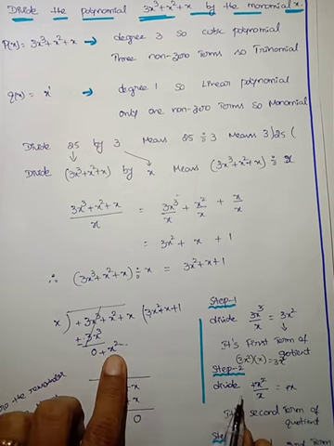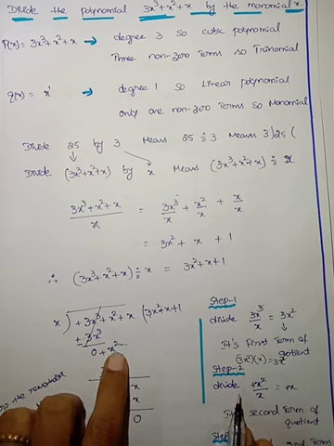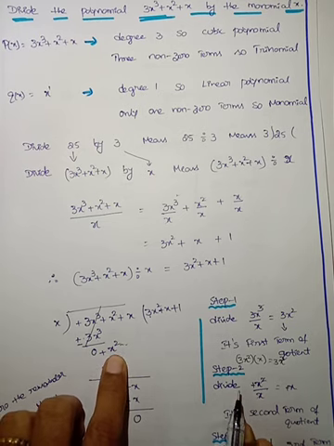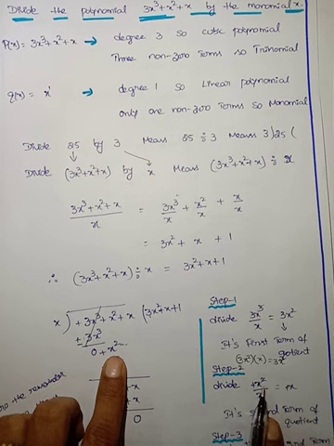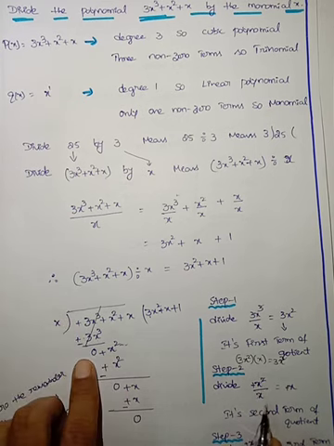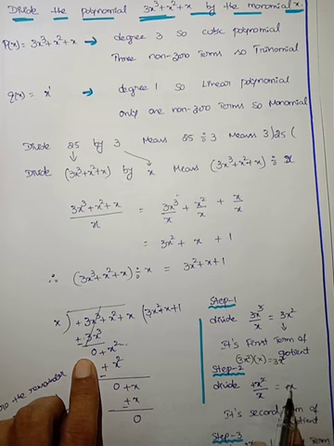Now step 2. You have to take the first term of the dividend, x square, and the first term of the divisor, x. x square by x: one x is cancelled, remaining is plus x.